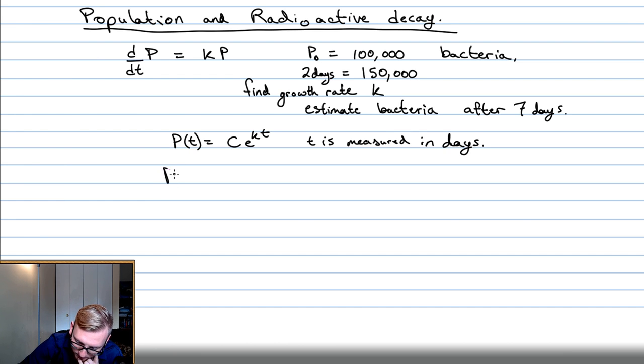So P of 0 is 100,000. Oops, I wrote 100 twice. And this is equal when T is 0. So C equals, well, this is e to the 0, which is 1, right? So C equals 100,000.